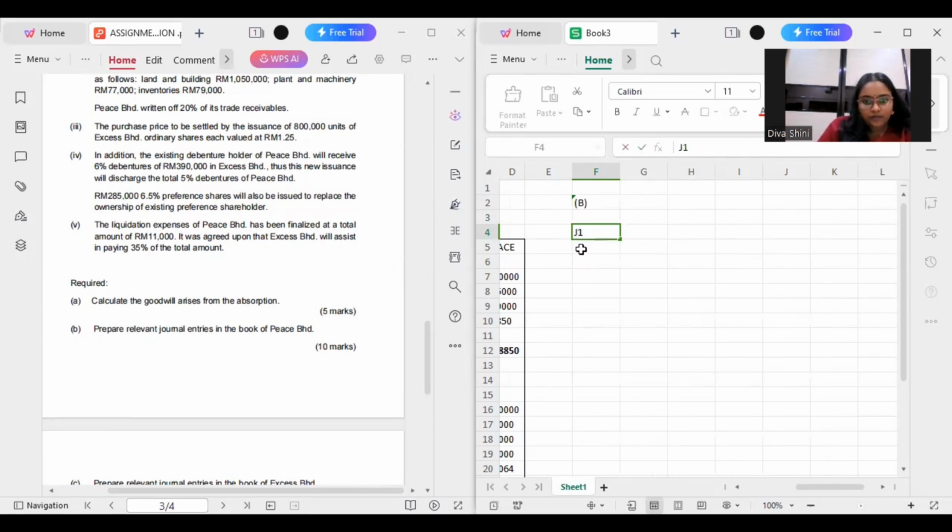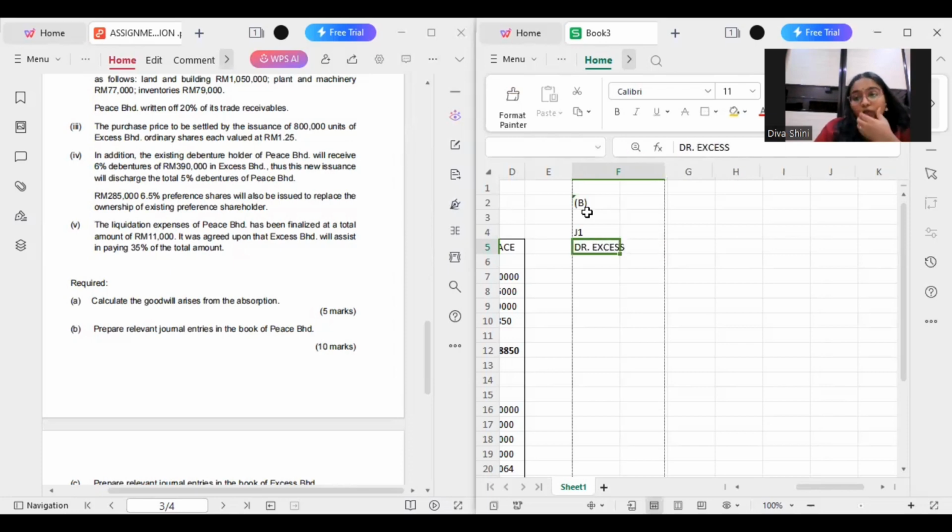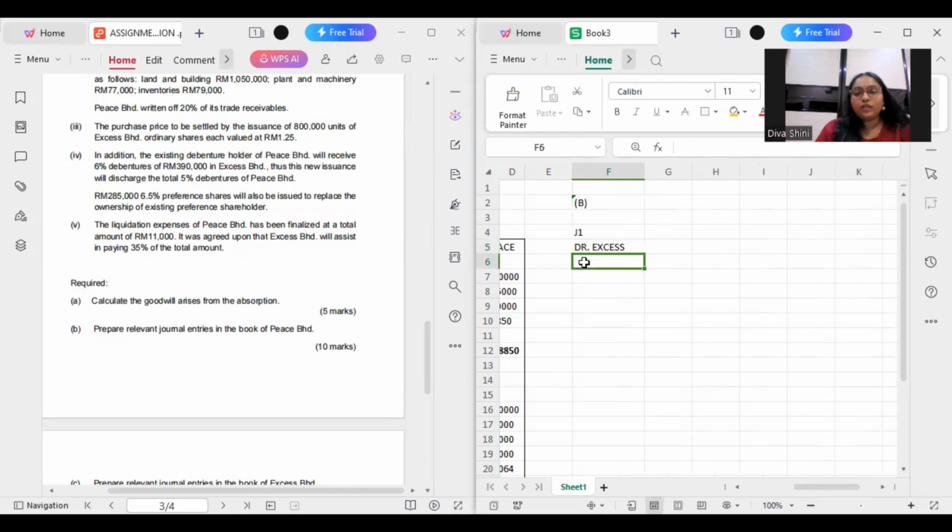So J1, we need to debit the acquiring company, which is Access. We are doing this for Peace, but we need to debit Access because we are transferring the purchase consideration to Access. So we write Access and credit the realization account.